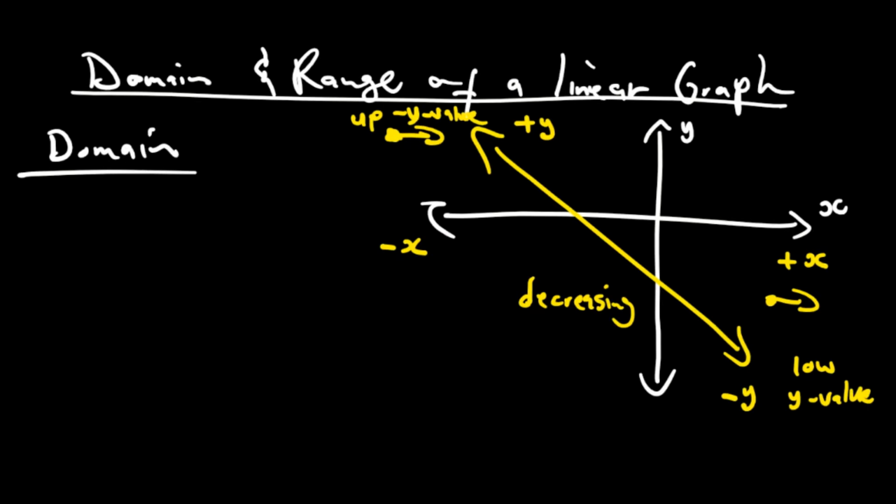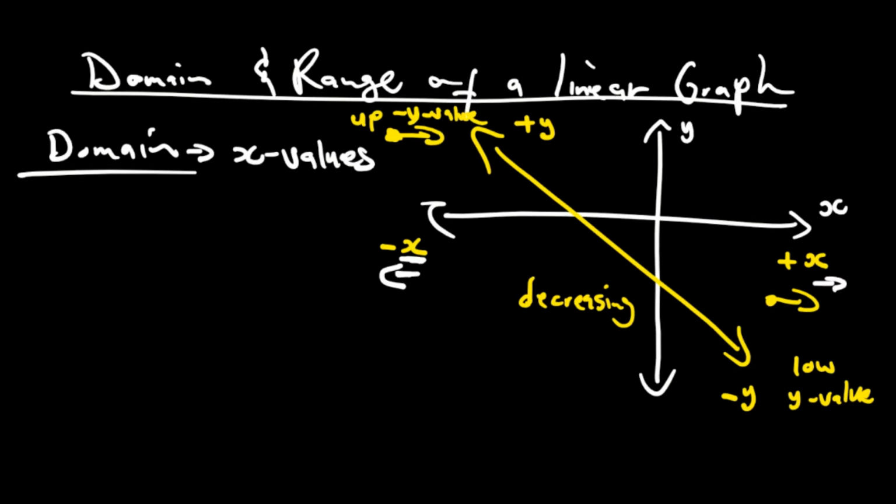So looking at both the x and the y values, but in this case, since it's domain, it means that we're going to look at the x values, right? So looking at the x values, we know very well that from that direction, the x values are negative, right? So they come from a negative point, and here the x values are positive.